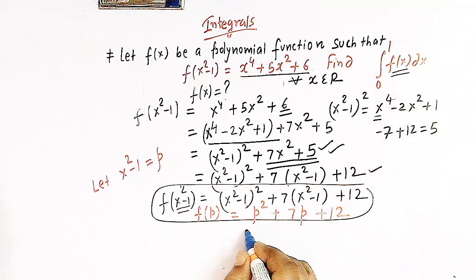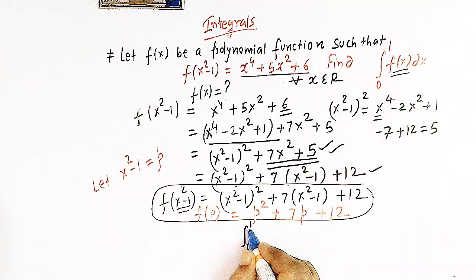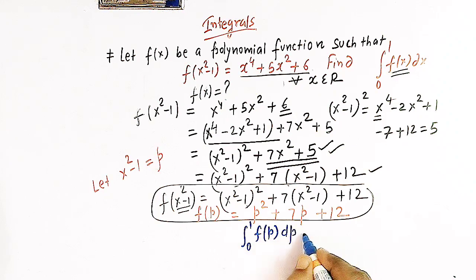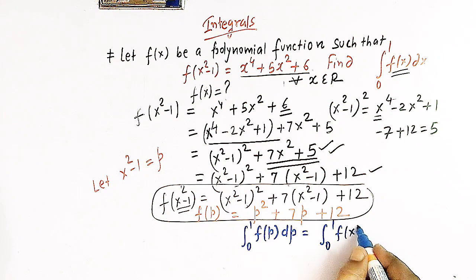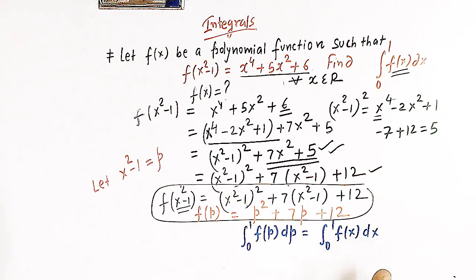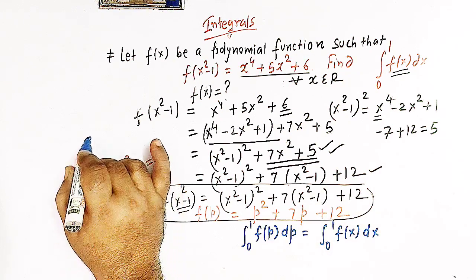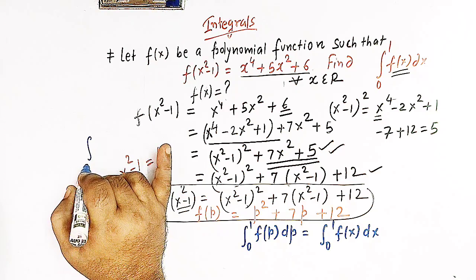So we can now write the integral 0 to 1 f of p dp as 0 to 1 f of x dx, right? So here we have used the property of dummy variable in definite integrals, because we know this property of definite integrals.